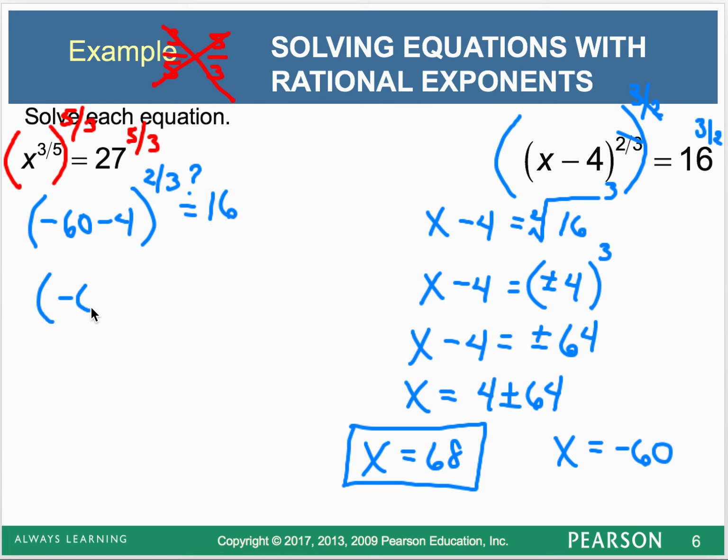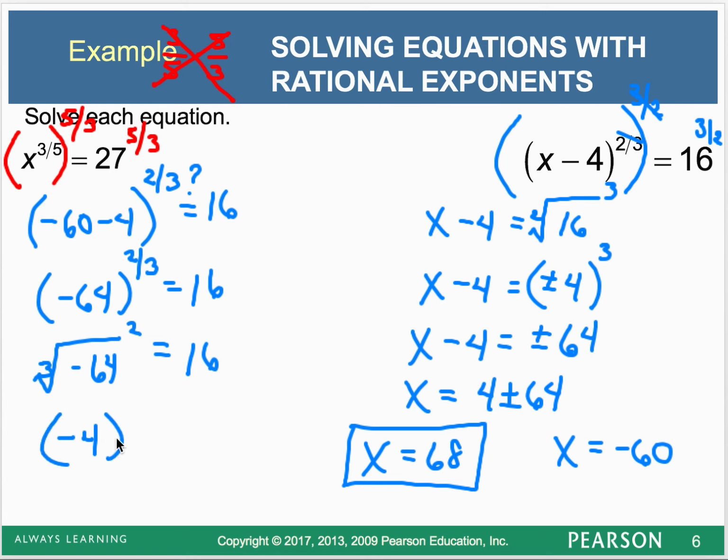So this is negative 64 to the 2/3. Is that 16? Well, let's rewrite this. So the negative 64, cube root of negative 64 is negative 4. Negative 4 squared is still 16. They both work. But I got to check them if the root part is even.